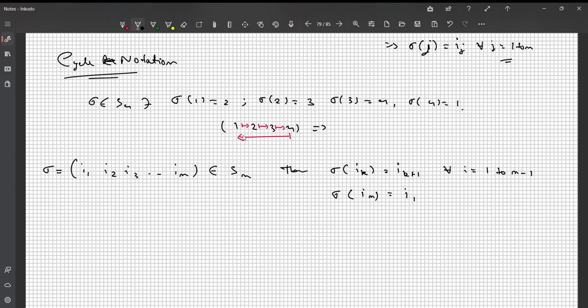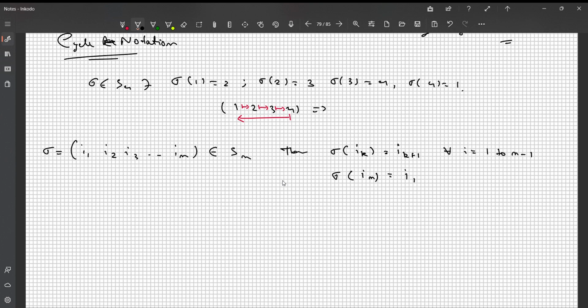Clear? Got it? So any permutation can be represented in this cycle form. Any permutation you have can be represented in this cycle form.